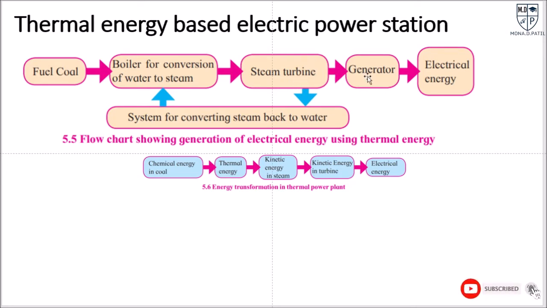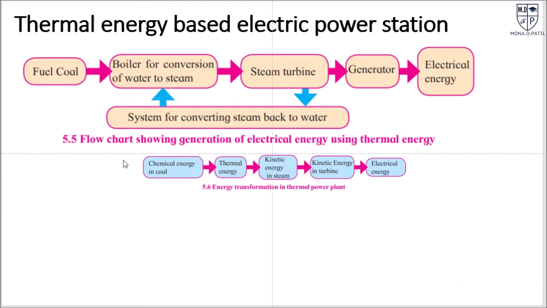And with the help of the generator, the energy obtained through the turbine is converted into electrical energy. Then a system converts steam back to water, meaning the steam is required for the generator and the remainder comes back into the system.